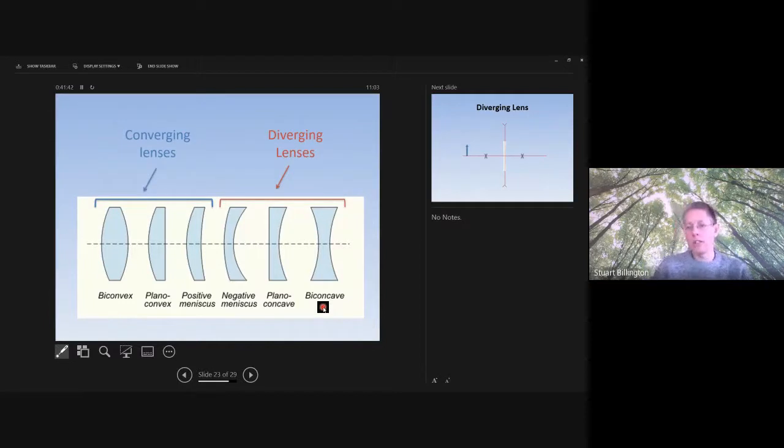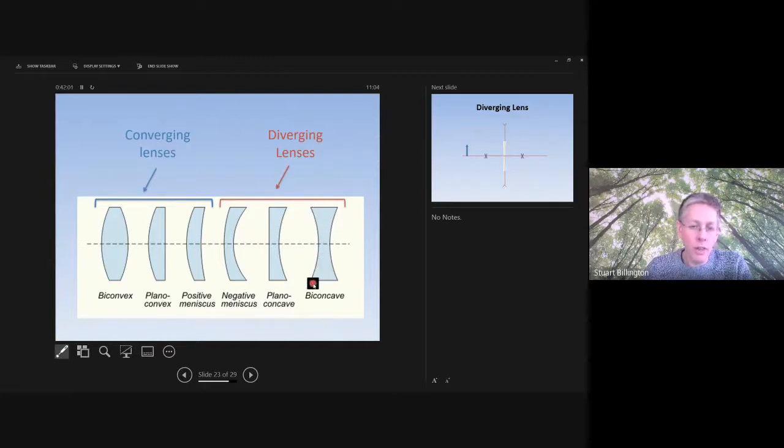Okay, so diverging lenses now. A diverging lens is thinner in the middle and thicker on the outside. The same thing occurs, that refraction takes place, but now the curve of the surface is the other way.